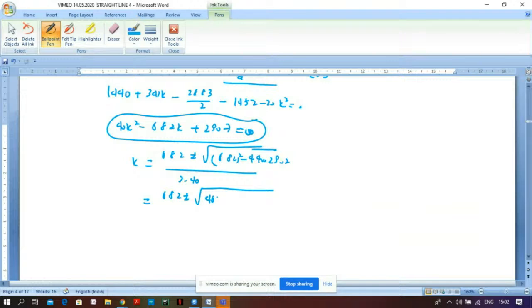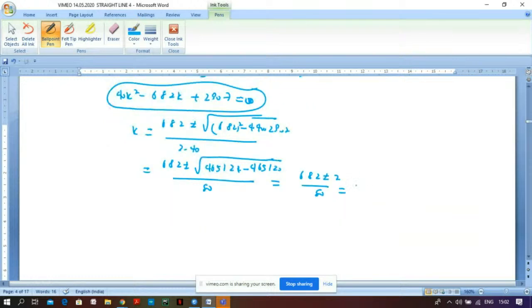You will get 465124 minus 465120 after calculation, over 80. And that you will get 682 plus minus 2 over 80. And so finally, you will get 684 over 80 and 680 over 80. And so you will get two answers: one is 171 over 20 and one is 17 over 2.